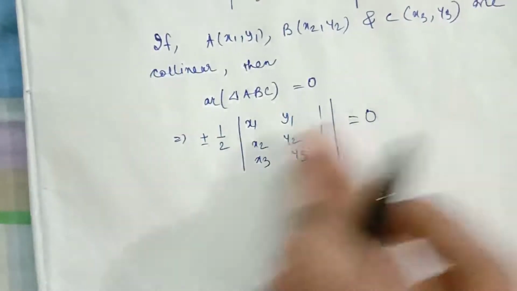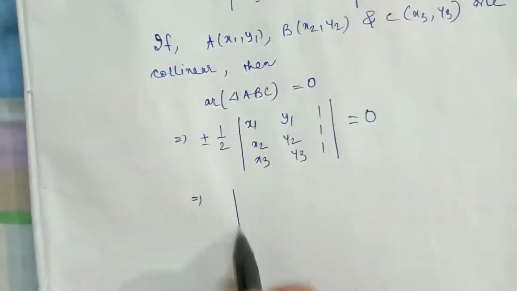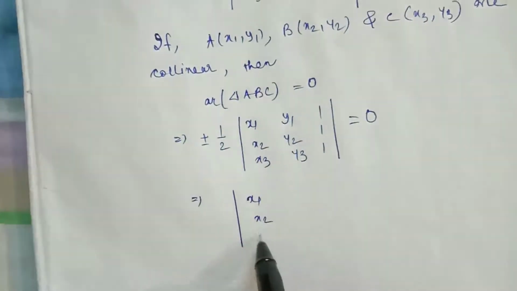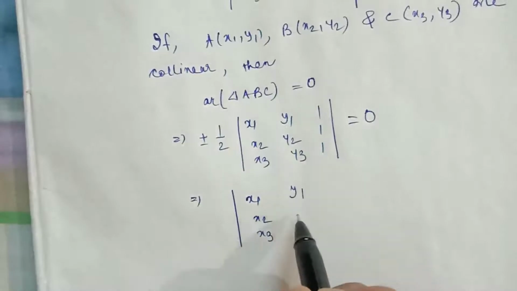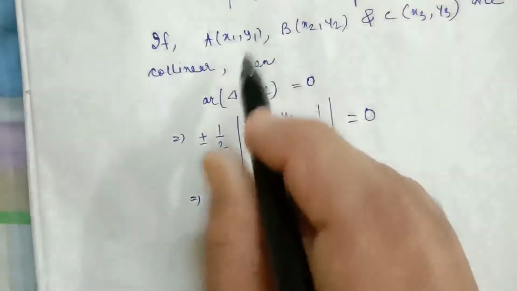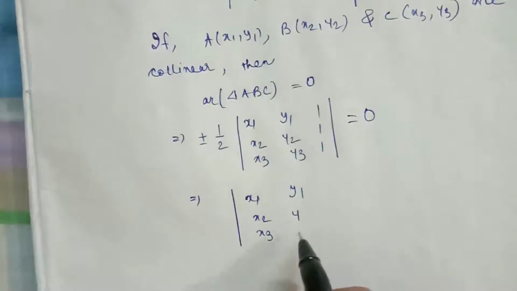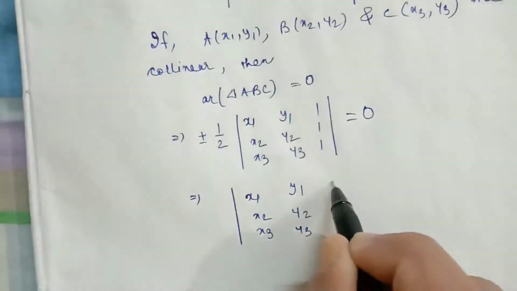So if we cross multiply, we will get this equal to 0. So this is the condition for which the given points A, B and C will be collinear.